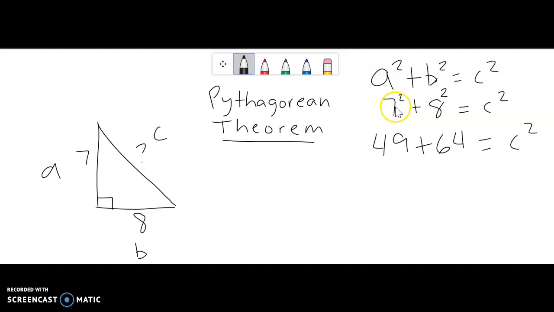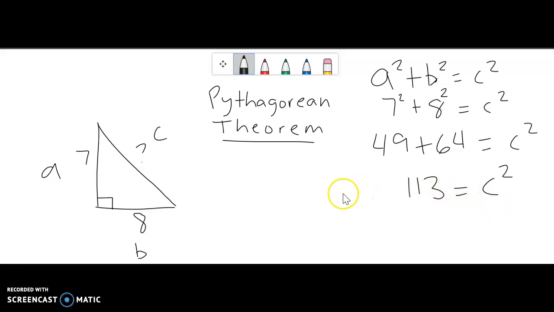I said, well, if A is 7, then it would be 7 squared, and that's 49. I said, okay, B is an 8, so if I put the 8 in there, 8 squared is 64. And then at this point is when you're going to add them together. Okay? And that's just totally on a calculator. That's okay. 113. You're e-learning at home, so no problem using a calculator.